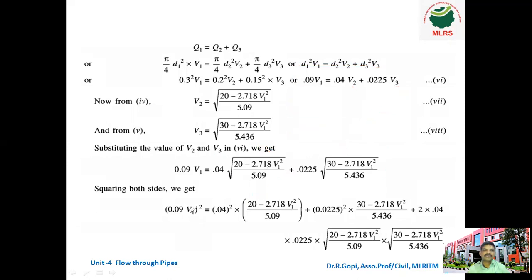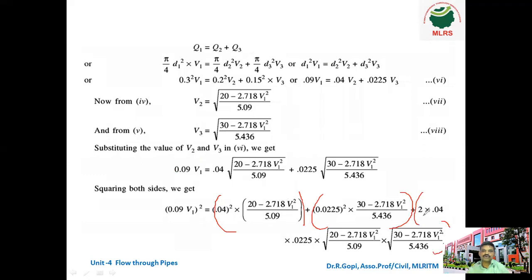Okay, so now you can see here 0.09 V1 square. If you square this, we got this value. So this is A square, and this is B square, and this is 2AB.